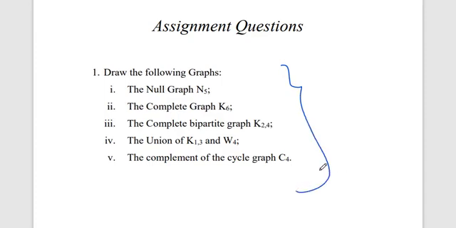You have to draw it in your book and upload it in the RNWIET application. In the next lecture we will discuss some new definitions related to graphs. So today's lecture is completed.